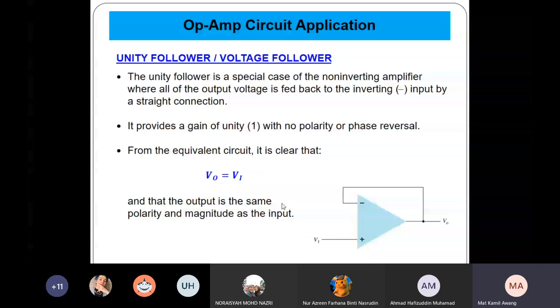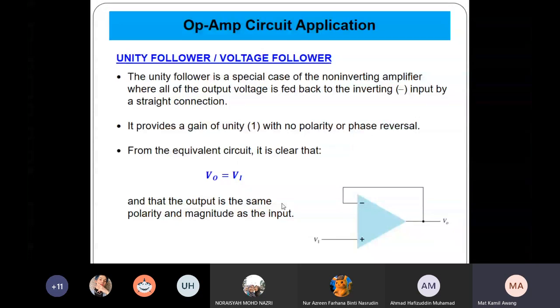The unity follower is a special case of the non-inverting amplifier. This is what we also call a voltage buffer or a voltage follower. It is a special case of the non-inverting amplifier where all of the output voltage is fed back to the inverting input by a straight connection.